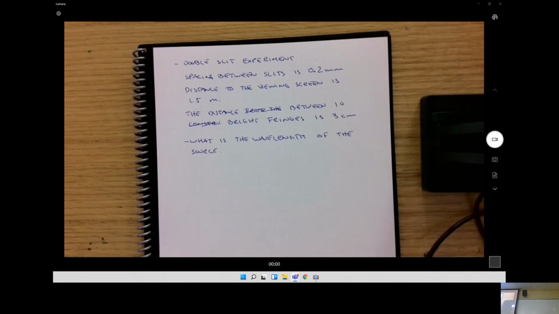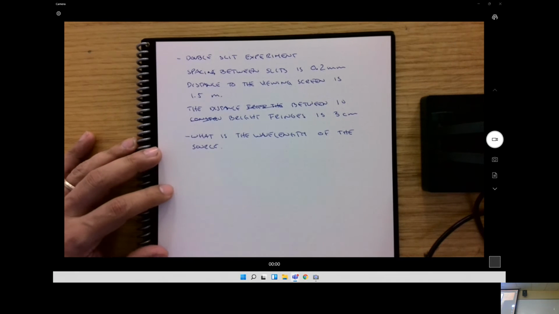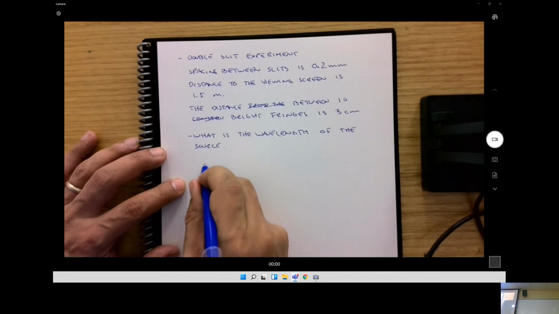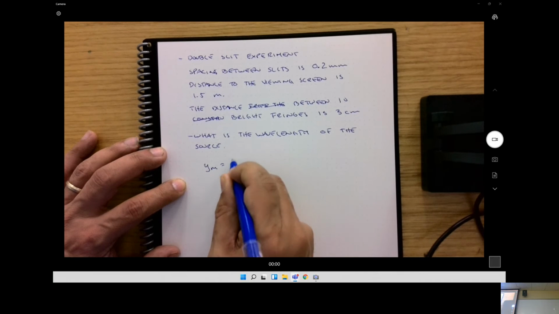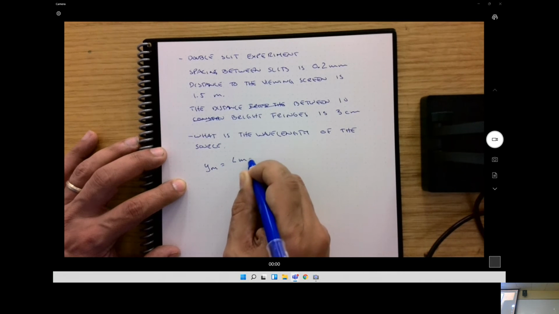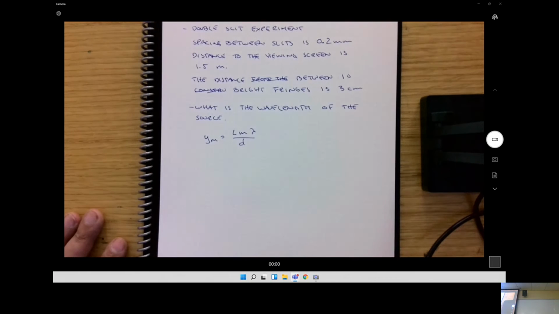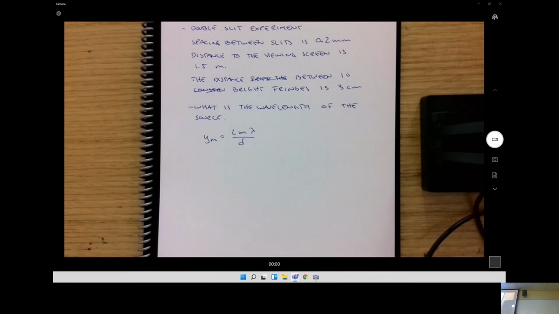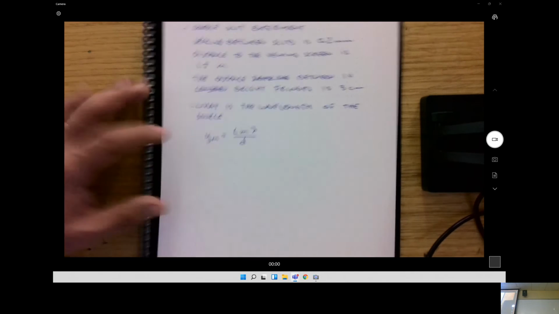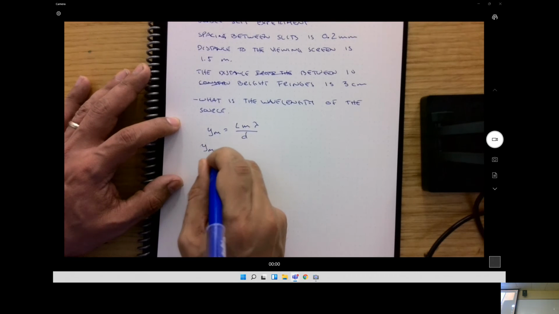Okay, so a couple of things here. I know that the distance from the optical axis to the first bright fringe is given by this equation: y of m is L m lambda over D. Now the next bright fringe is going to be y of m plus 1.